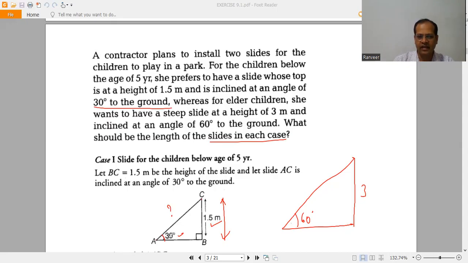If we take sine theta, then sine theta is equal to 1.5 divided by AC. So AC we can write as 1.5 divided by sine theta, which is 1 by 2. So this is 3. In the same way we can find this value.